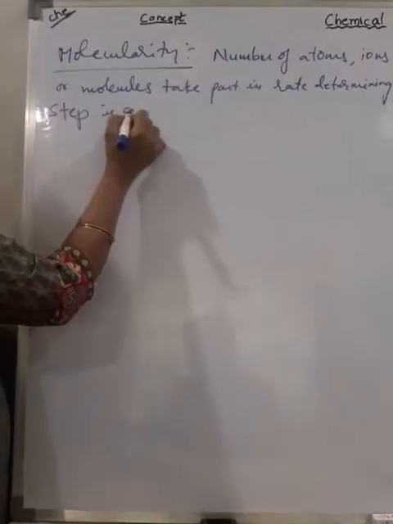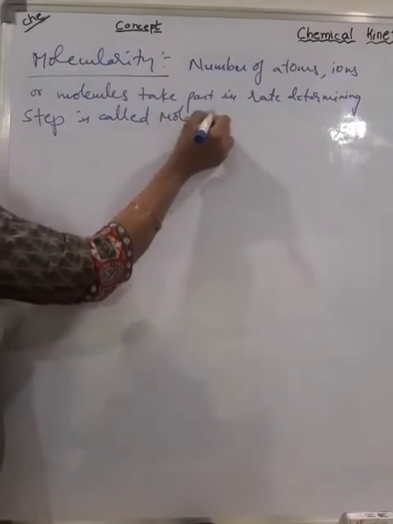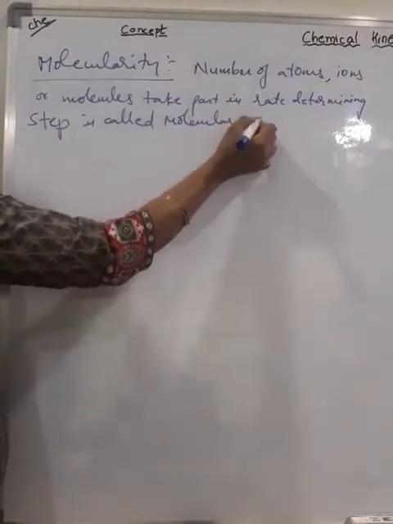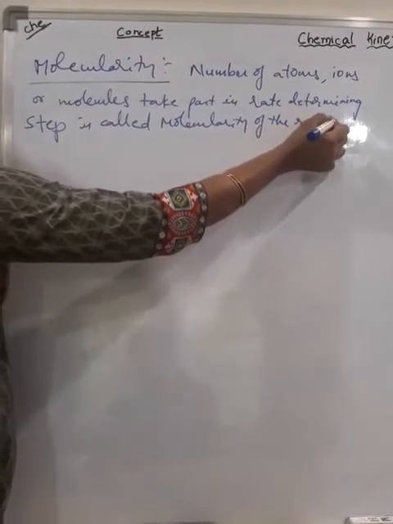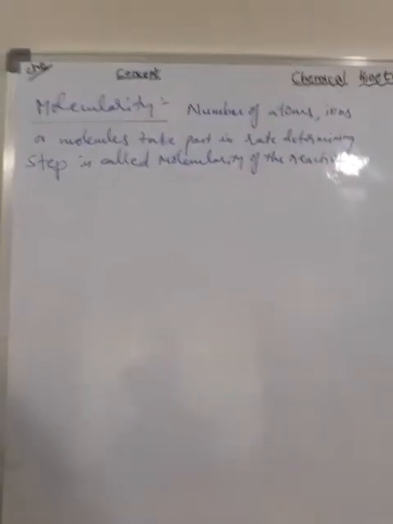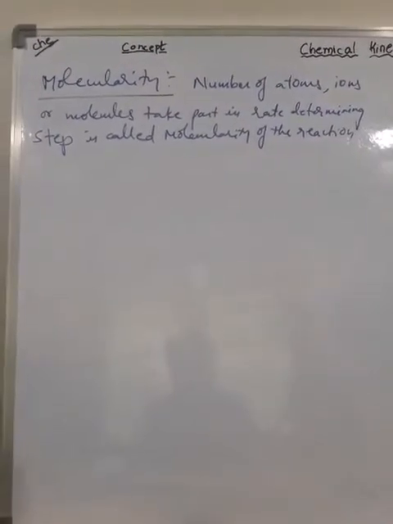That is called the molecularity of the reaction. For example, a reaction mechanism is there.